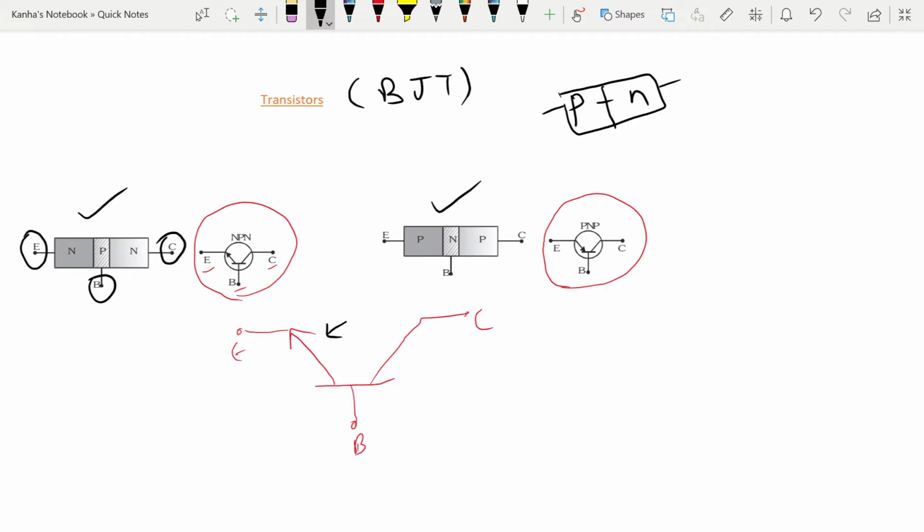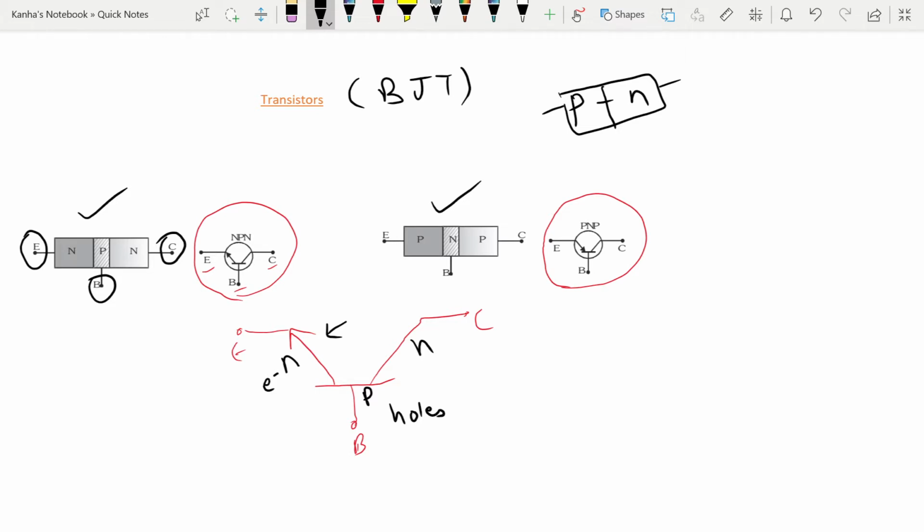So in an NPN case, you have base as the P region, emitter as N, and this is N. Now the current will flow in such a way that the P region has holes as the majority carriers, while the majority carriers in the emitter are electrons.